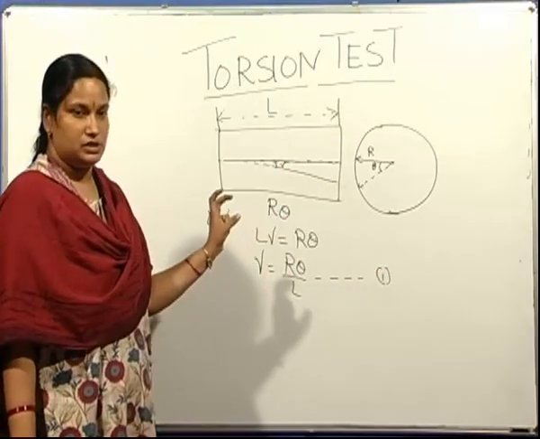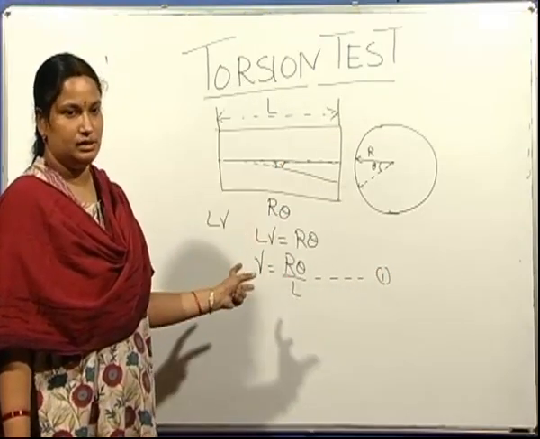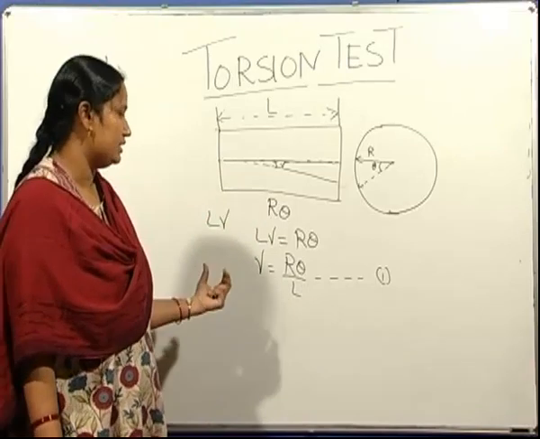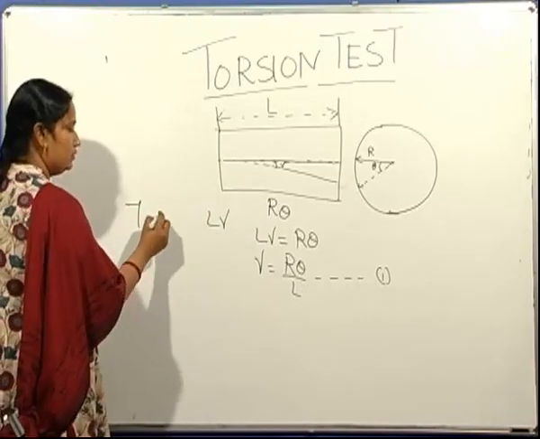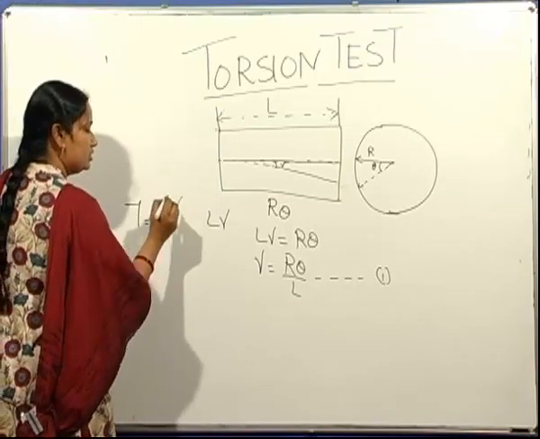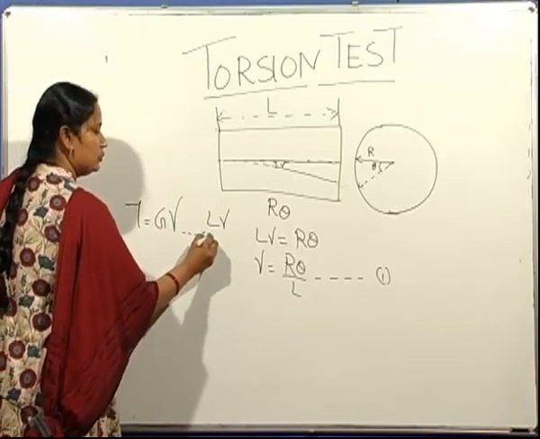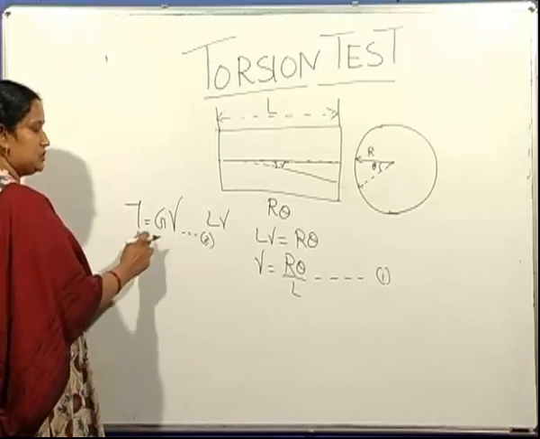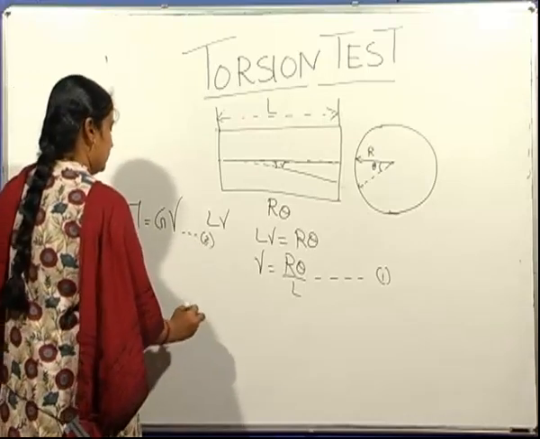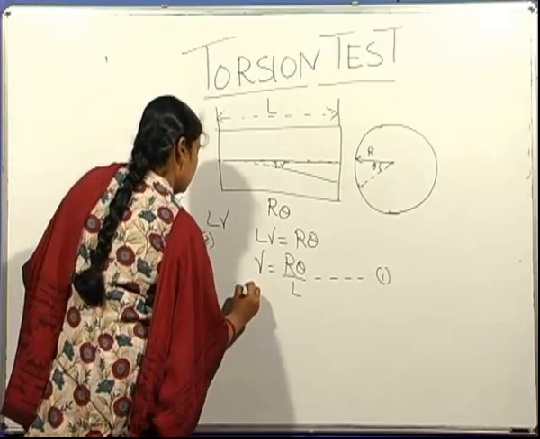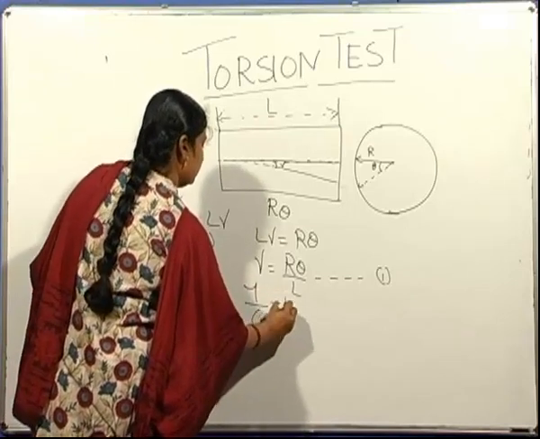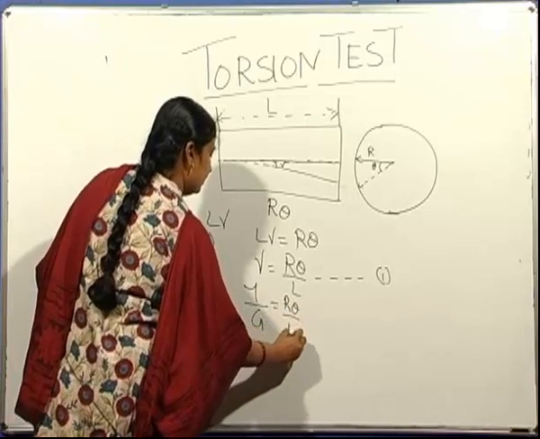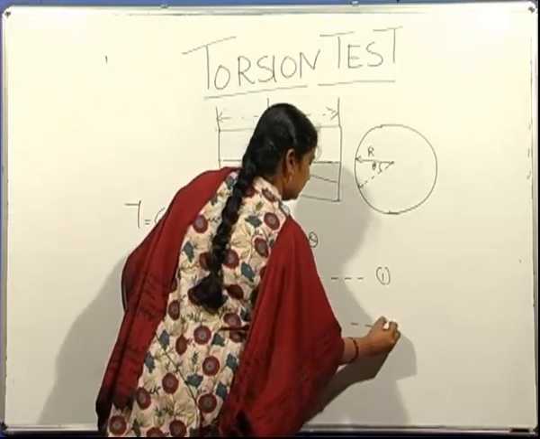For strains within the elastic region, shear stress, which is represented by tau, is equal to shear modulus into shear strain. This is equation 2. From this equation, we substitute for gamma, so tau by G is equal to r theta by L. This is equation 3.